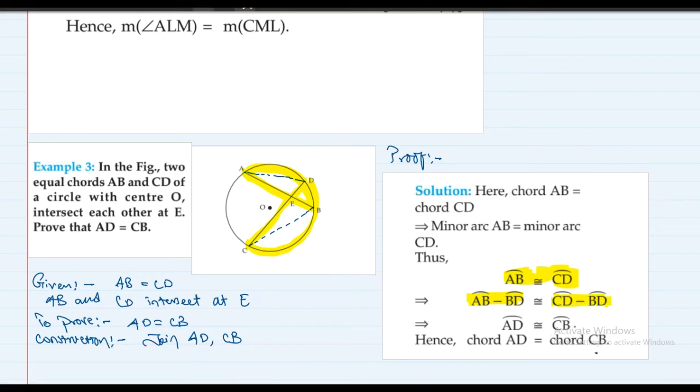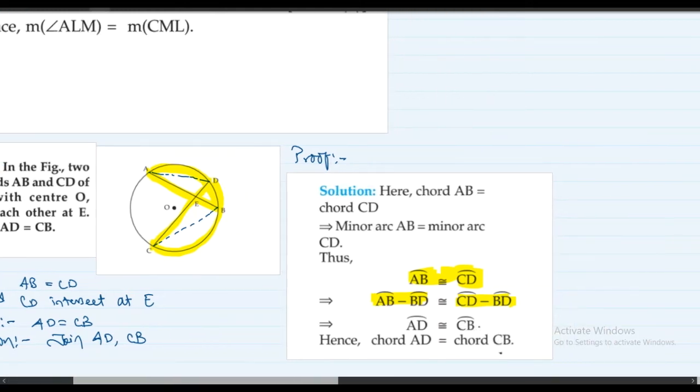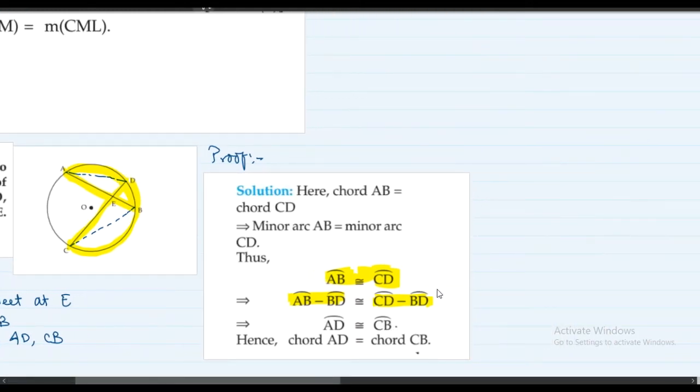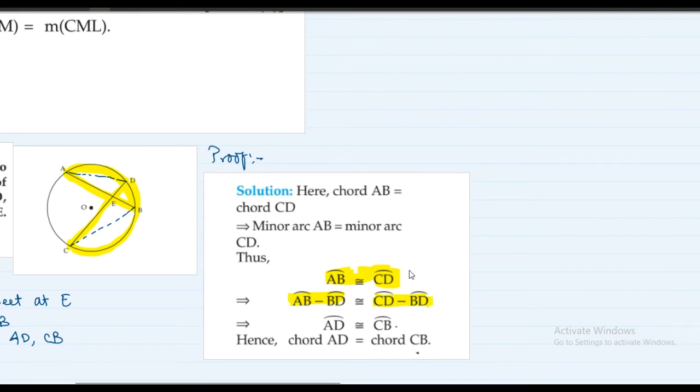See here the reason they have not mentioned, I will mention it for you. The reason why arc AB is congruent to arc CD is equal chords cut equal arcs. So AB minus BD is equal to CD minus BD.